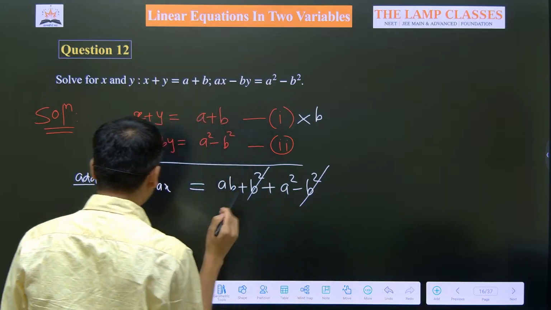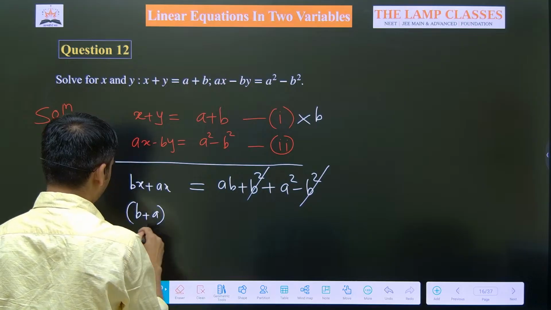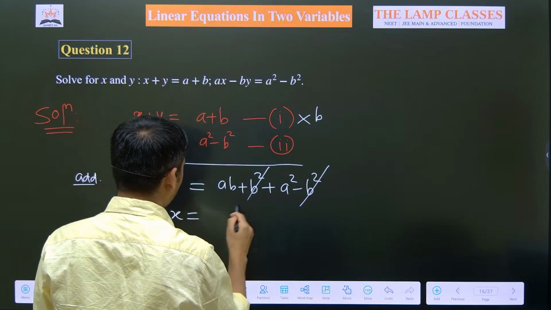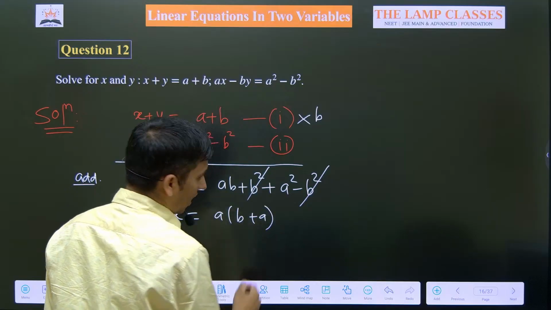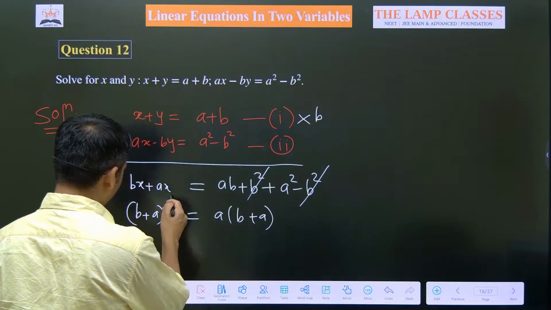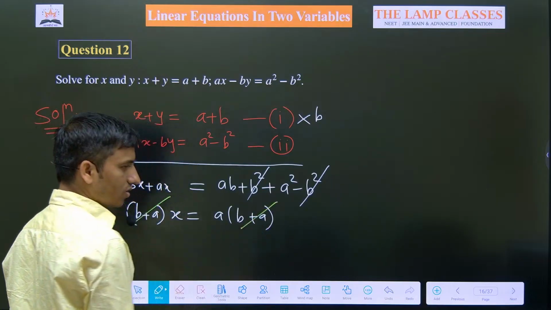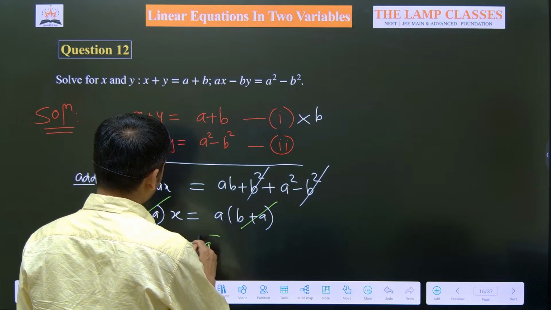Cancel this b square and b square, and on the left hand side you can clearly see we have x common, so (b plus a) times x, and on the right hand side also you can see a is common, it's a times (b plus a). And since a and b are constants, we want to find x only, so either you cancel this b plus a or you just take that to the right side. So we have got x is equal to a, right?